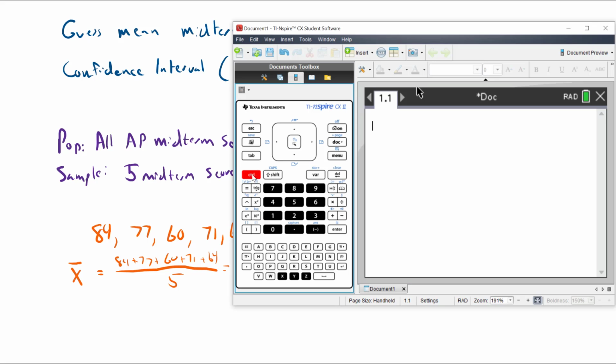So let's go, and let's say 84, 77, 60, 71, plus 64. And we're going to divide that by 5.